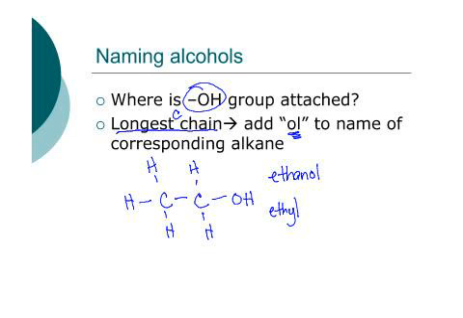It's not really the preferred name these days, but it certainly would be recognized. This is sometimes called grain alcohol, colloquially. And I do want to mention that the alcohols are toxic. They can cause blindness, death. All the alcohols are toxic, so just be careful.